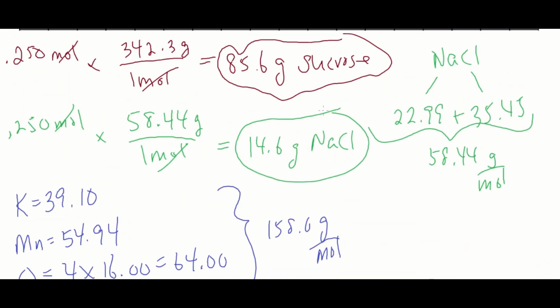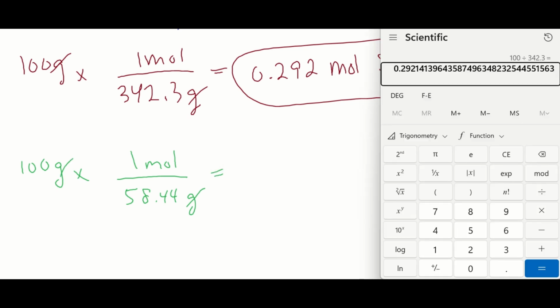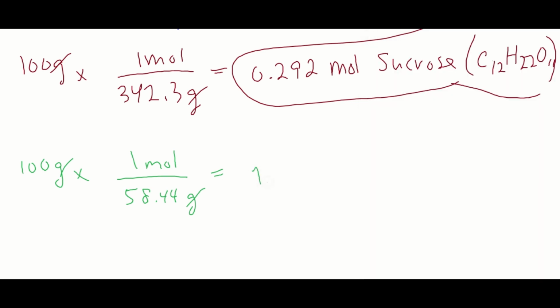All right, next we did sodium chloride. And the molar mass for sodium chloride was 58.44. So in 100 grams of table salt, we have 1.71 moles.